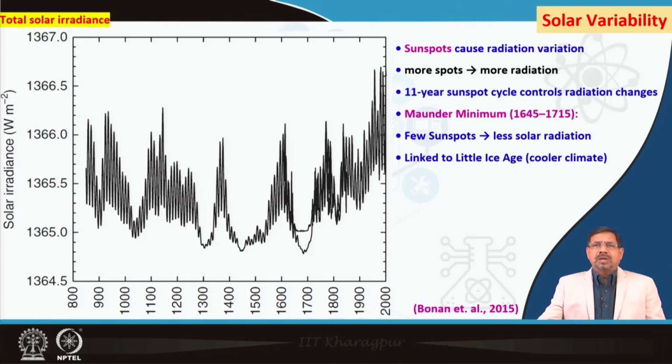So, more sunspot activity, more radiation, a relatively warmer climate. So, this 11-year sunspot cycle controls the radiation changes, and in turn the variation of the sunspot number, few and more, leads to less or more solar radiation, reflecting in terms of the little ice age or more fluctuation, right.